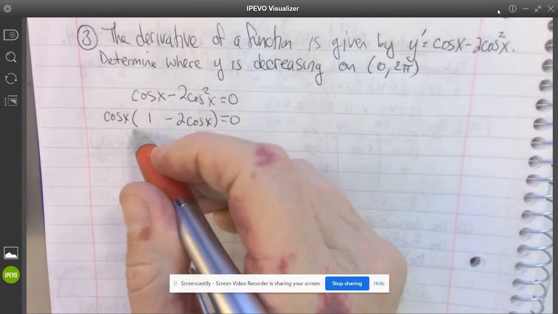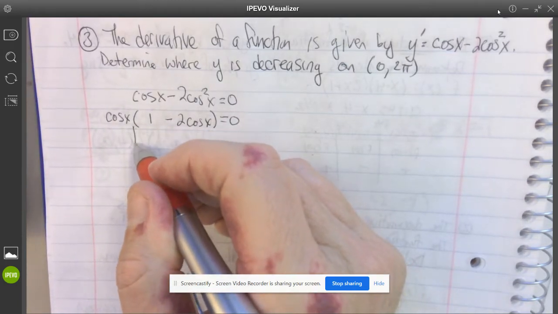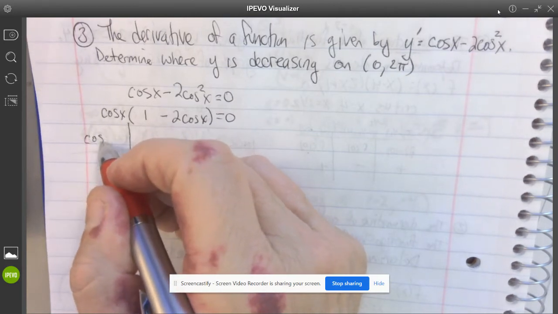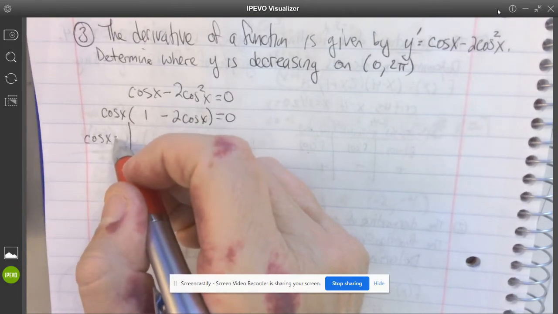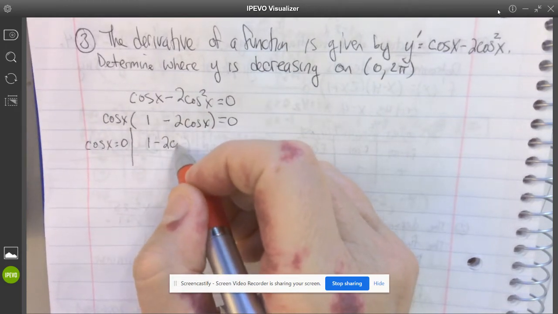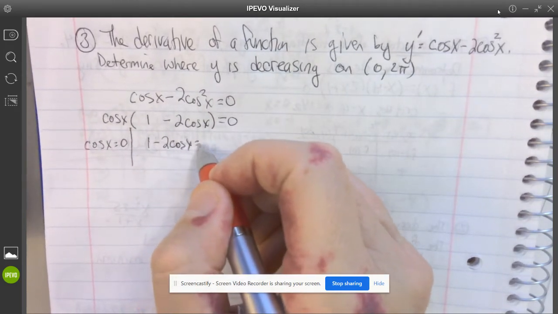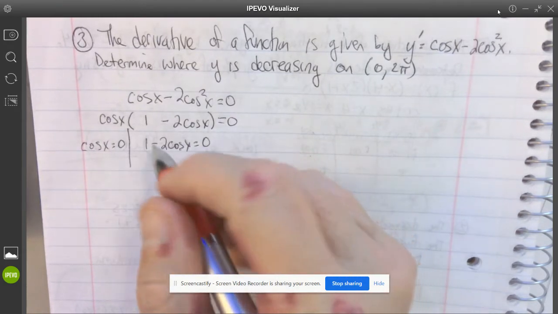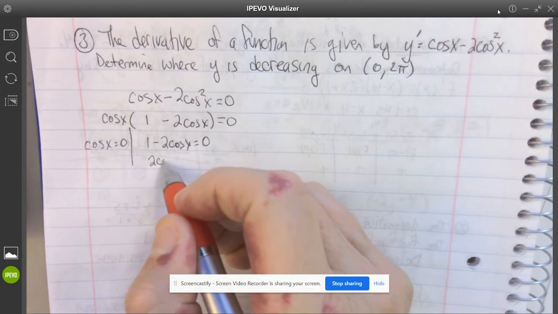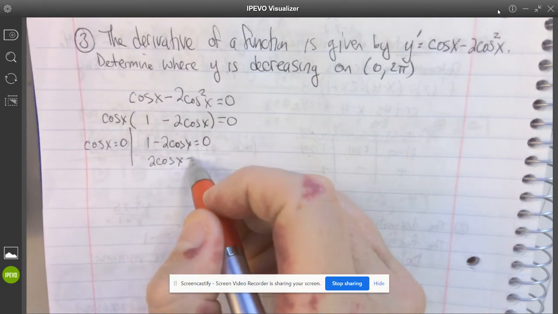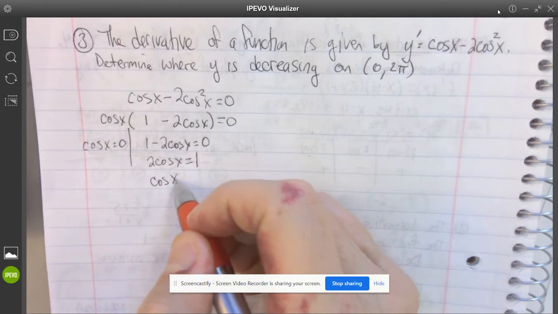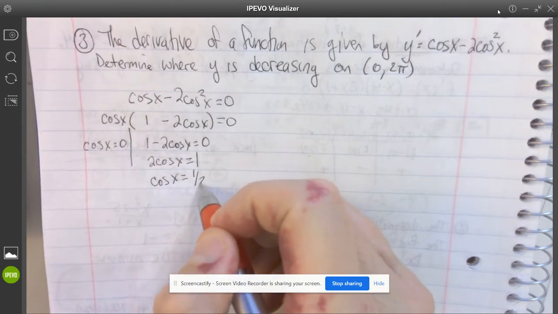So you set each factor equal to 0 to solve it. So this one will be 2 cosine x equals 1, cosine x equals 1/2.